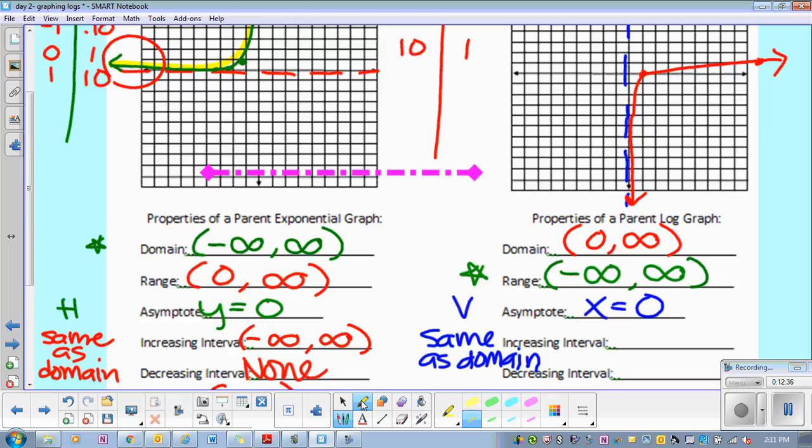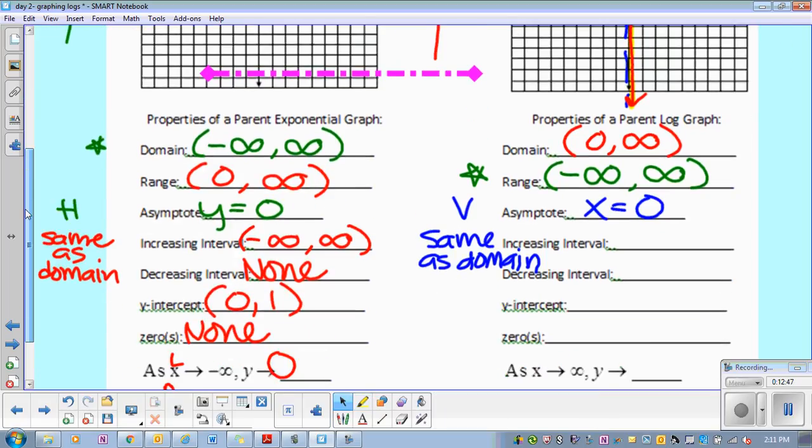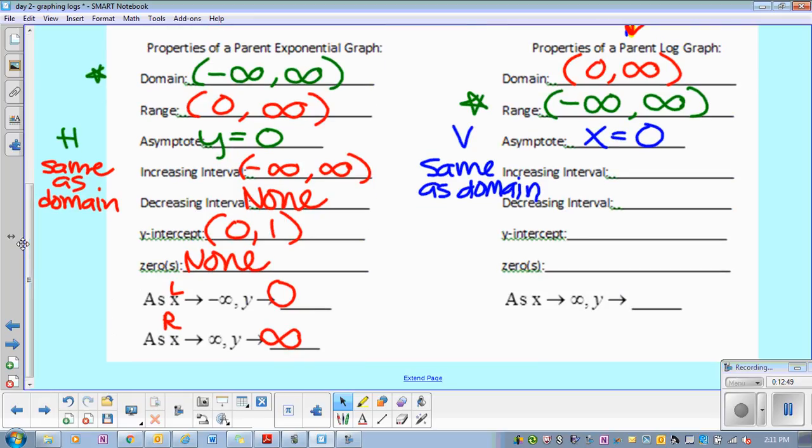From the left, what is this graph doing? Good. It's going up. It's increasing. So it's increasing, same as the domain. What is it? 0 to infinity. So it's decreasing nowhere. None.